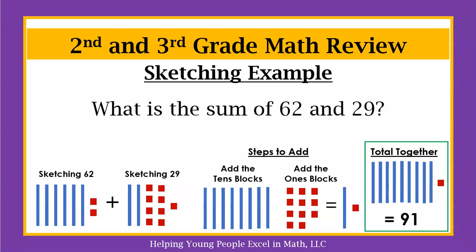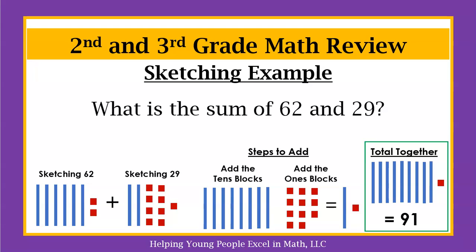We have 2 tens blocks and 9 ones blocks. Our first step we're going to use is to add all of our tens blocks together. We have 1, 2, 3, 4, 5, 6, 7, 8. So right now we have 8 tens blocks.